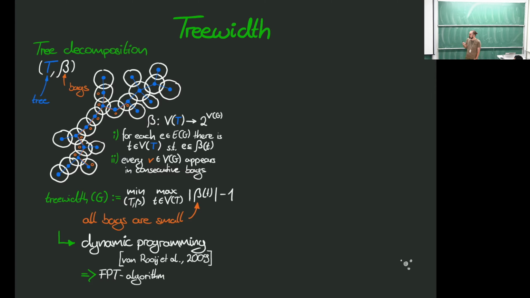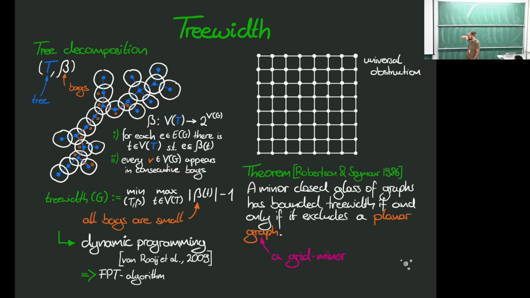The nice thing for this is that it's still linked to graph minors, in the sense that there's a duality theorem that says a graph has small tree width if and only if it excludes some planar graph as a minor. In particular, I can describe this containment as the existence of a grid minor, grid being this structure here.